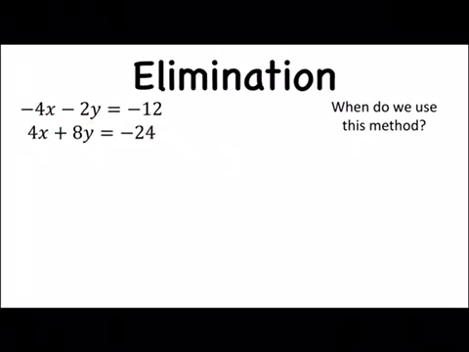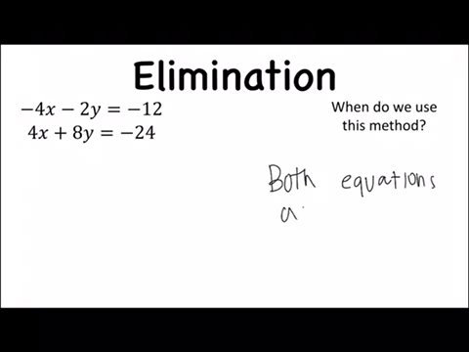The third method is called elimination. We have not yet learned this one. That is our goal this week, to learn elimination. But when do we use this method? We use this method when both equations are in blank form.